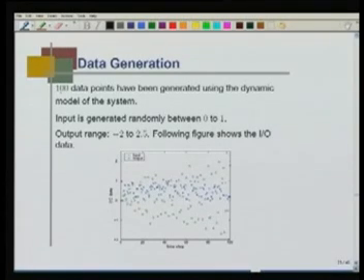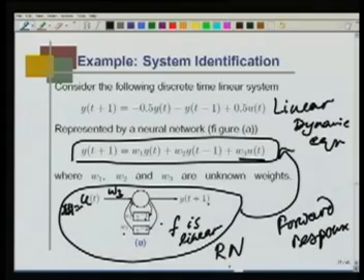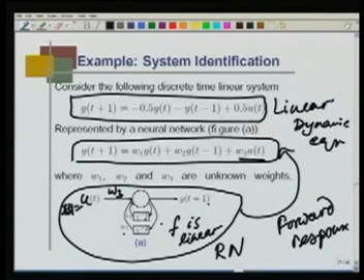We generated 100 data points, where input ut was selected randomly between 0 and 1, and given the dynamic equation that we represented, we used this particular equation for data generation.